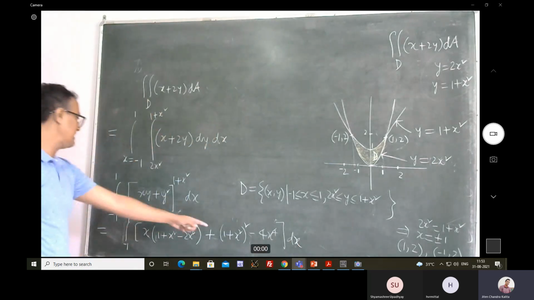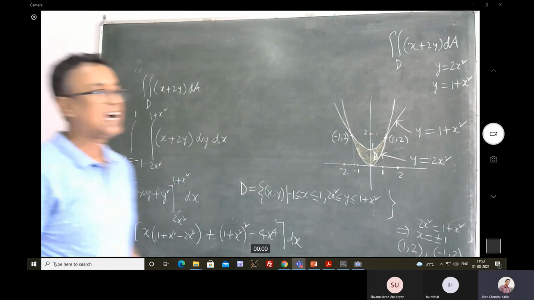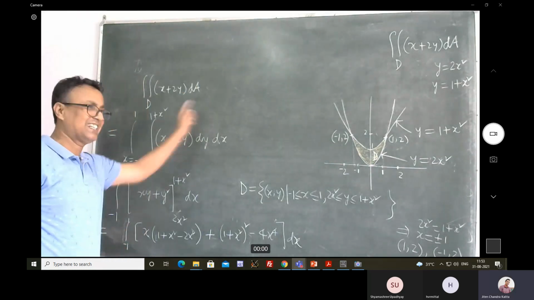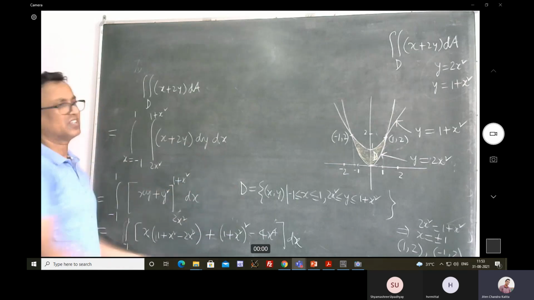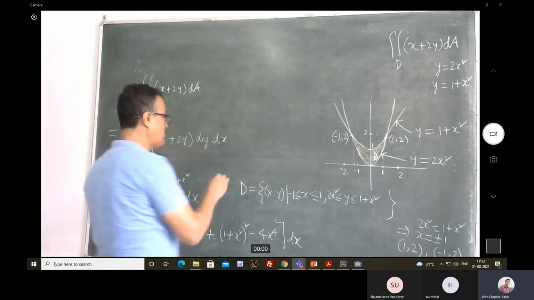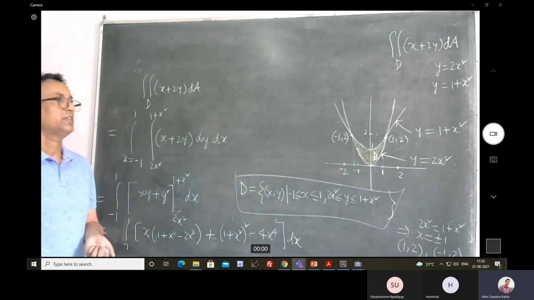Then you simply simplify and integrate it. The answer is given in the slides. I don't want to perform the integration further because this is very mechanical. Remember, it is all about finding this domain D.